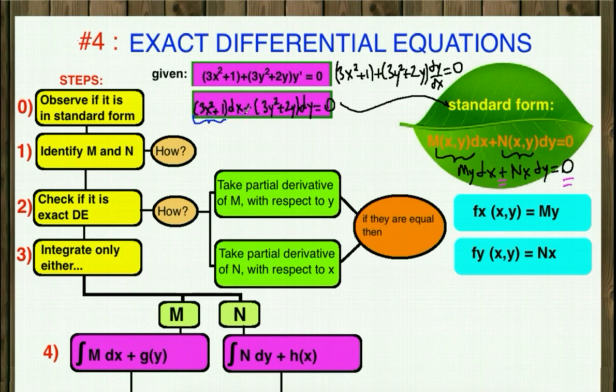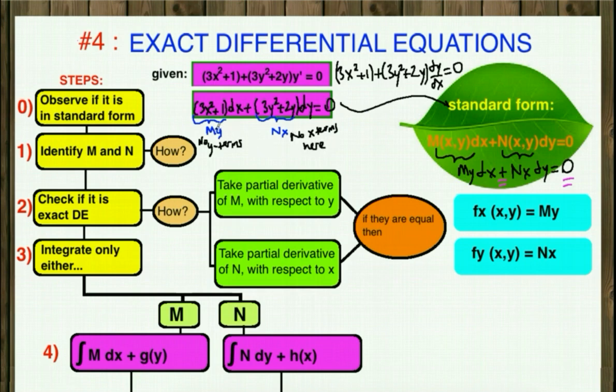The function with the dx part we call M, and the function with the dy part is called N. You can also sometimes see My and Nx, so either way, M and N. Now we know how to identify M and N. We don't have any y terms here, so this is our M, and no x terms here, so this is our N.